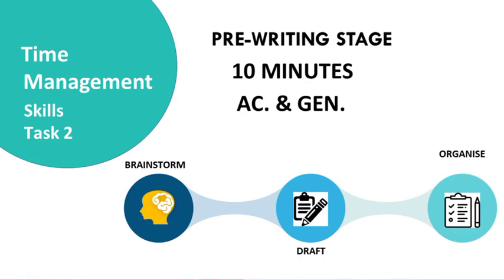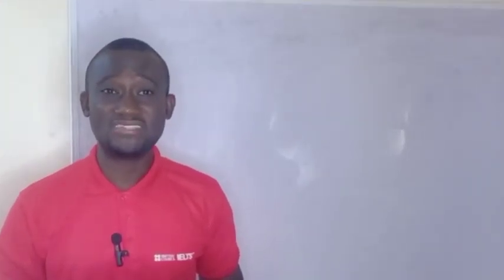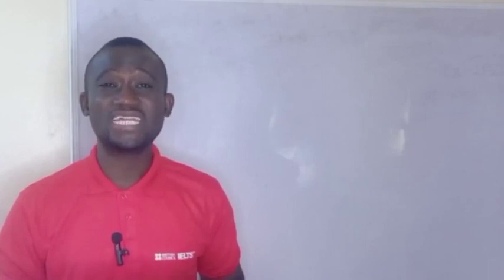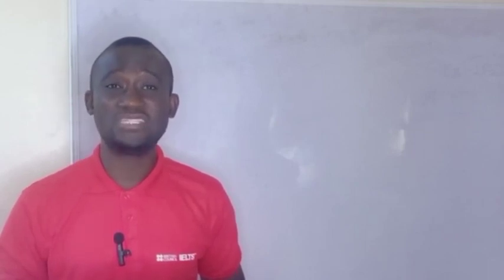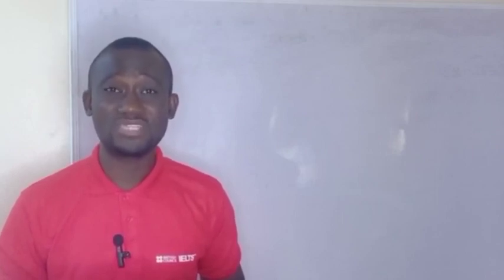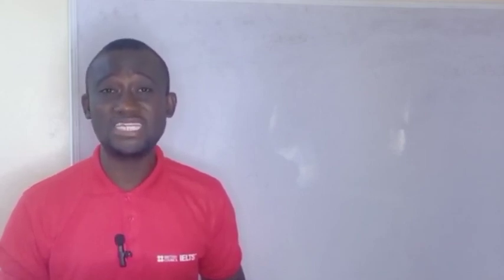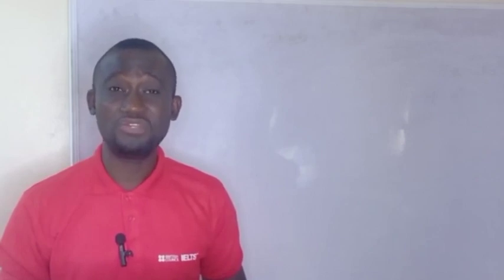Within these 10 minutes, make sure you are also drafting many of the ideas that are flowing in your mind, and ensure that you are able to organize these thoughts or ideas that are in your mind. If you're able to organize your thoughts and your ideas, you wouldn't need to start organizing when you get to the development stage, because you already have done this in your pre-writing stage.